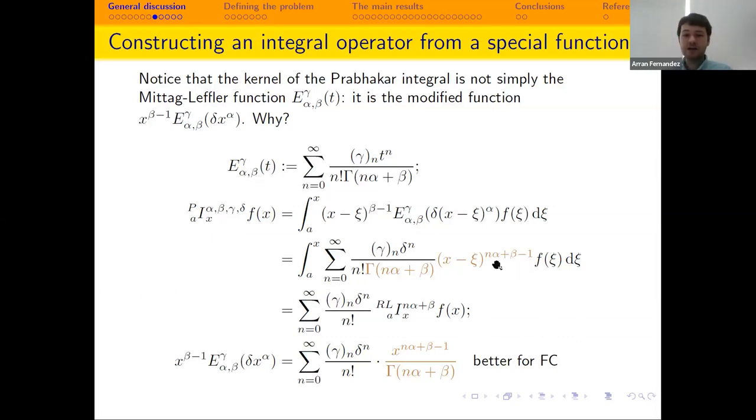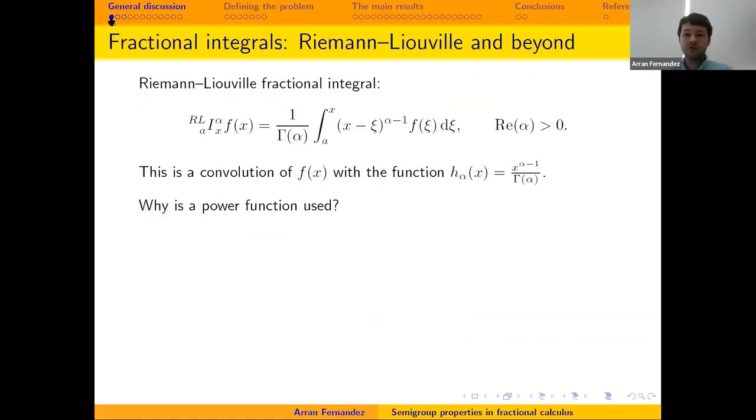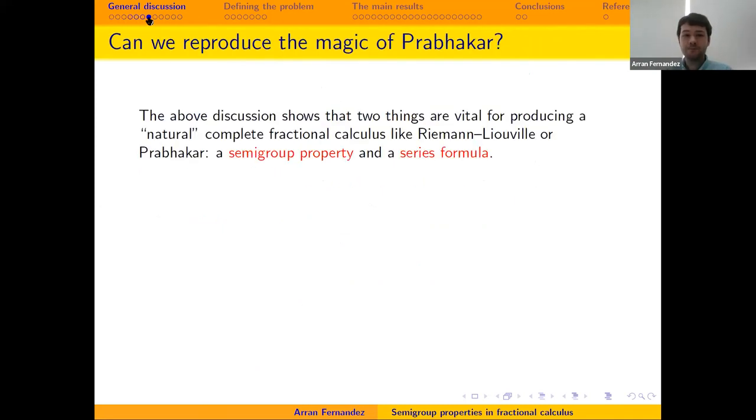And look at what I've highlighted in brown color. That exponent is matching with the gamma function. So if we go all the way back to the beginning, Riemann-Liouville, we had this function h alpha as a kernel, which is x to the power alpha minus 1 over gamma of alpha. So the exponent should be 1 less than what's inside the gamma function.